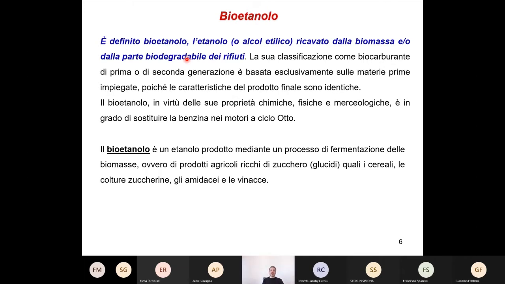So you can also obtain bioethanol from the organic fraction of wastes. You can obtain bioethanol through a fermentation process of starchy or sugar crops.